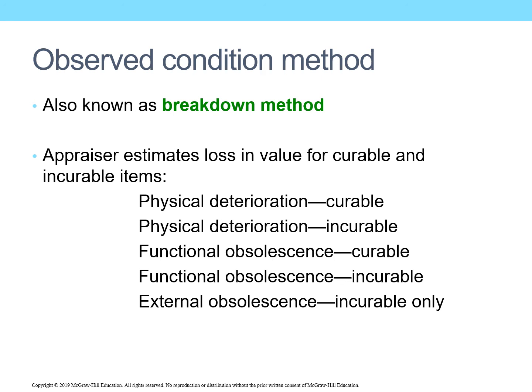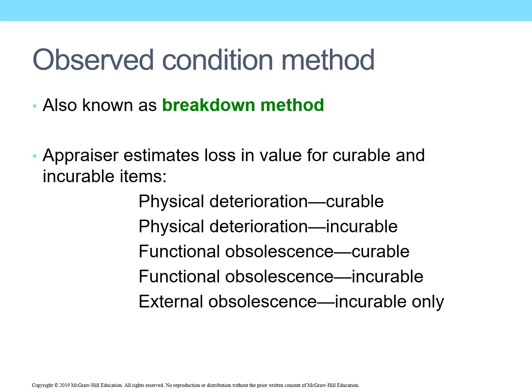Again, any form of accrued depreciation that's curable is probably relatively minor. But when it's incurable, it is a much more substantial financial undertaking, and it would not be easy to fix, and the cost of which would just overshadow any value that would be gained.